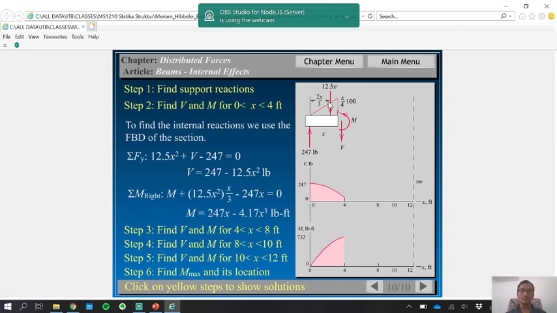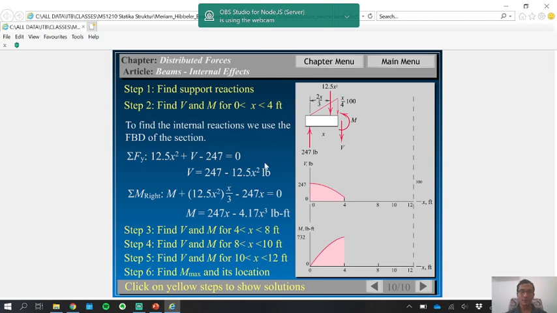Then after that, we can calculate V and M. Using sigma Fy equal to 0, V will be 12.5x squared, the represented concentrated force of the triangle distributed force, plus V, going down is positive, minus 247 is equal to 0.